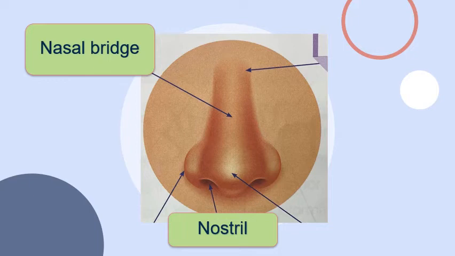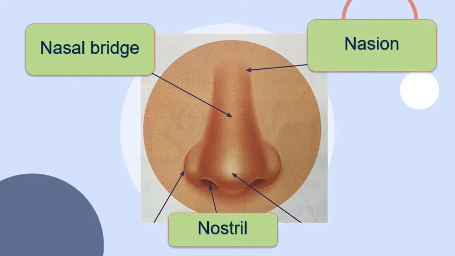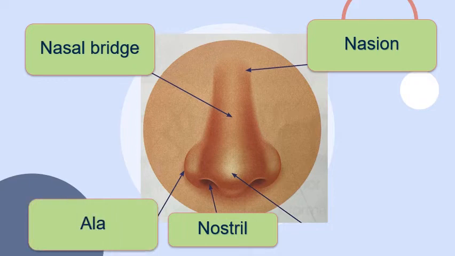Next, we have nasion. This is found at the top of our nose. Ala. This is called the ring of the nose. It is in the lower lateral surface of the external nose.